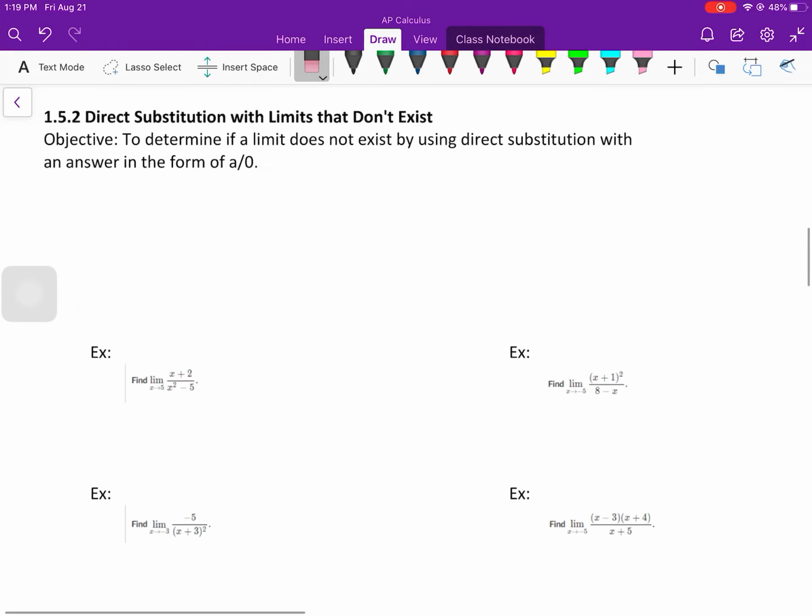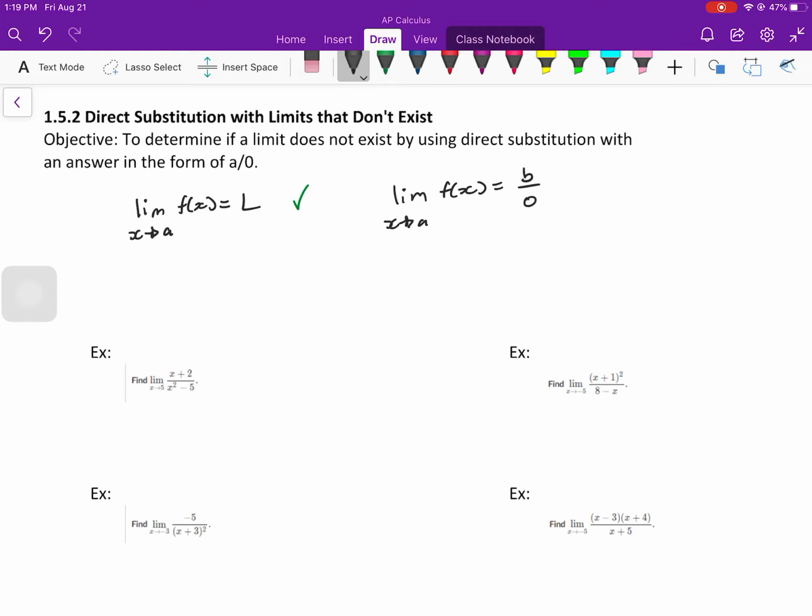So if the limit as x approaches a equals L, then that's your limit. That's good. If the limit as x approaches a equals, let's just say some number, we'll call it b over 0, then more than likely the limit does not exist.